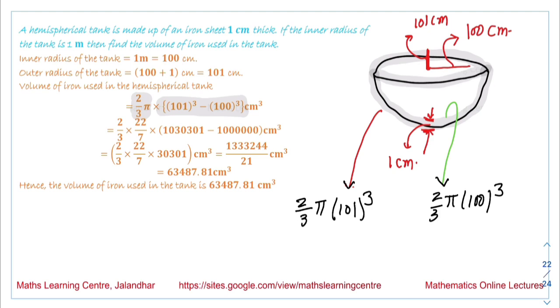When you solve this, you get 30301, and on solving further, the final answer is 63487.81 centimeter cube. This is the volume of the iron used in the tank.